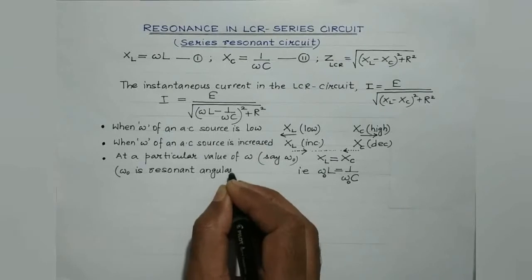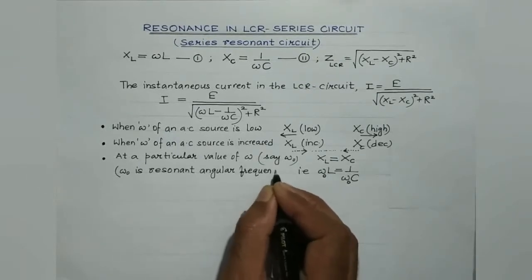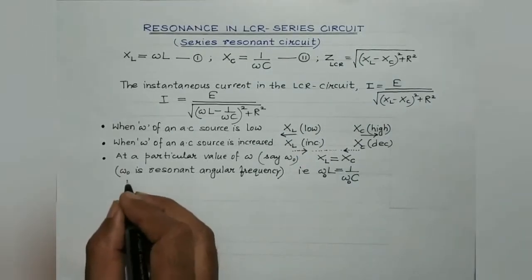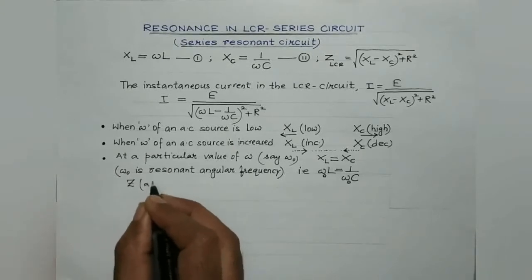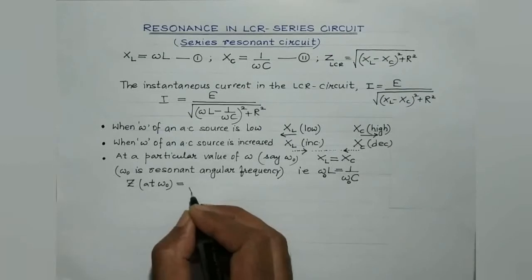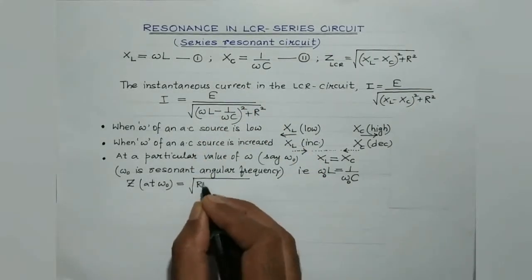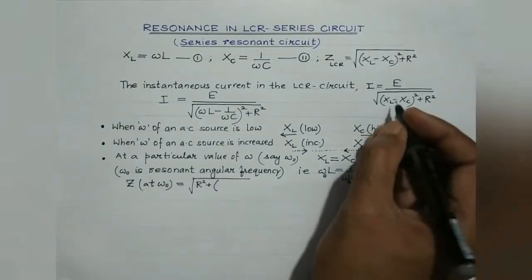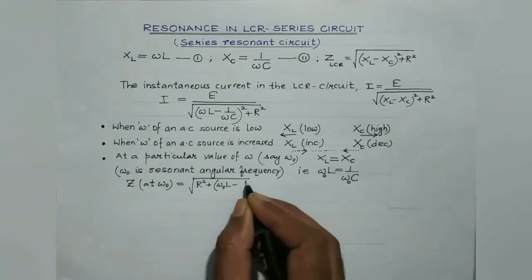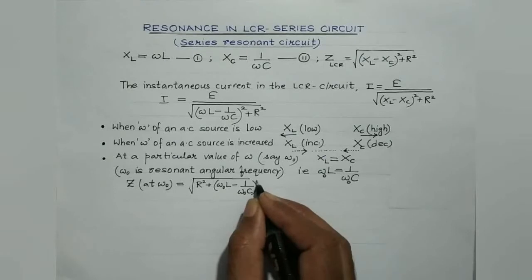It is known as resonant angular frequency. Now what happens is, the impedance at omega naught will become square root of R square plus, in place of XL we can write omega naught L, minus in place of XC we can write 1 by omega naught C, whole square.